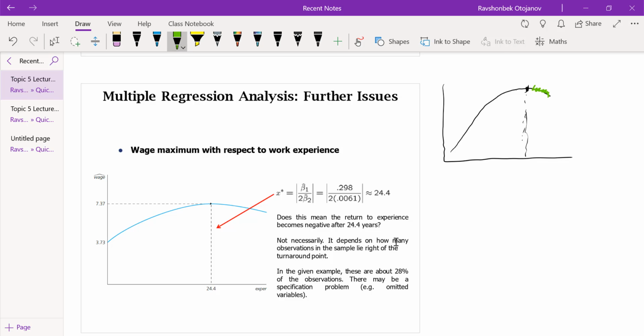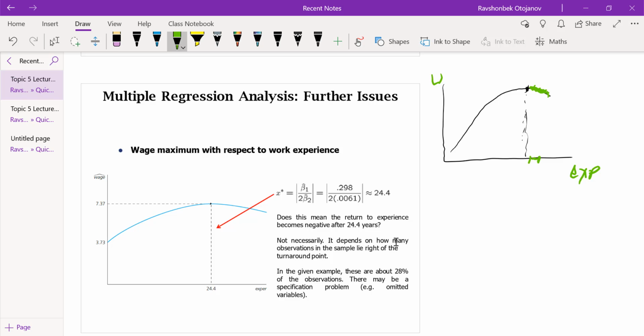This part is basically redundant. Notice this additional year of experience, with experience here and wage here, is adding a negative wage. So the marginal effect is negative from this point onwards. We need to be careful with these sorts of interpretations or functions.